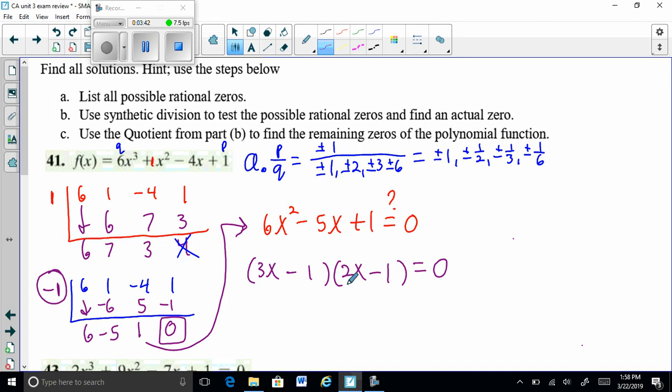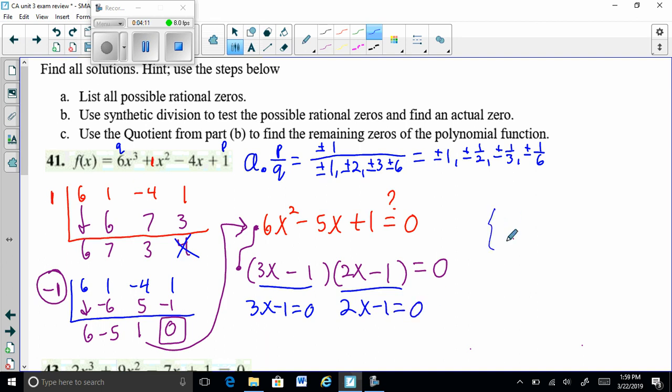And if you FOIL this back together, you'll see that these two things are the exact same as what you have in red. So we're just manipulating it. So you take each one of these and set them equal to 0 and solve. I'm running out of room, so I'm just going to do it in my head.